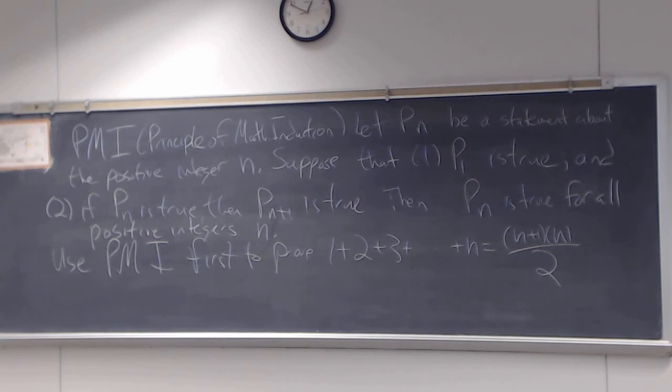So that would give us n squared plus n over 2 plus 2n plus 2 over 2. If we add these two fractions together, that would be n squared plus 3n plus 2 over 2.